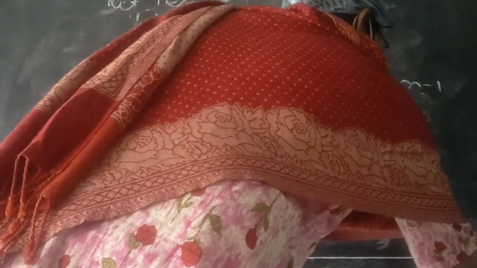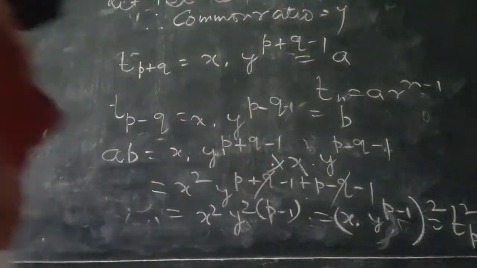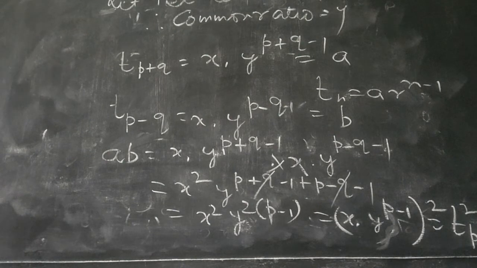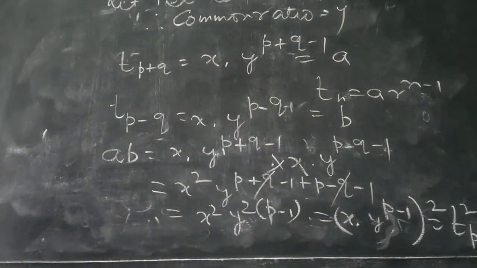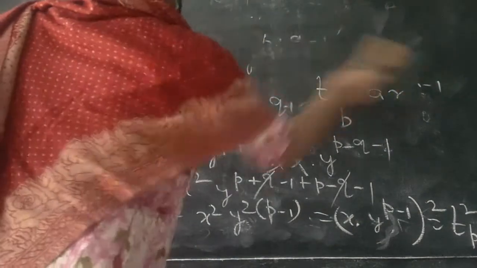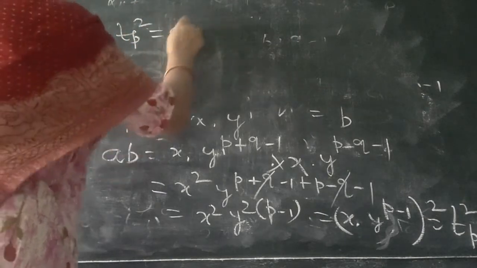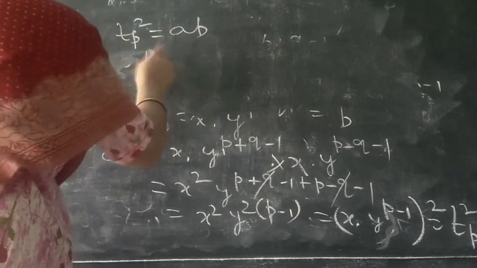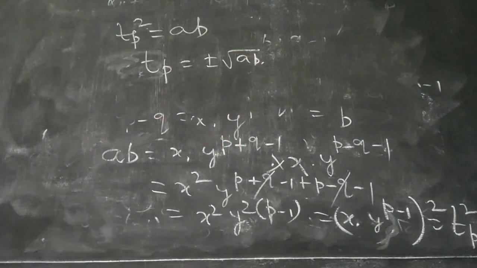This is equal to Tp squared. So we have Tp squared equal to ab. That means Tp equal to plus or minus root ab. Clear?